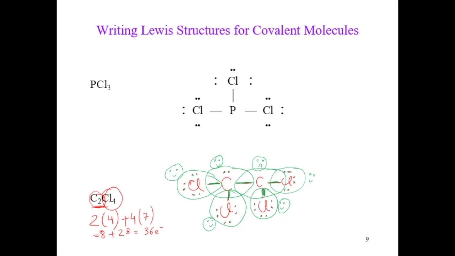Now I could take these electrons from chlorine and give them to this carbon, but that would be wrong. Why? Because remember, chlorine can typically only form one bond. If I take these 2 electrons and share them with carbon, it would form a double bond right here. Chlorine cannot form 2 bonds, it can only form 1 bond. So I cannot take these electrons from chlorine and share them with carbon.